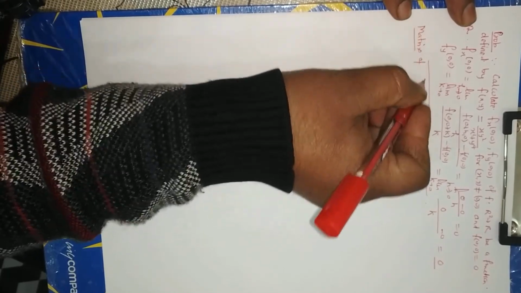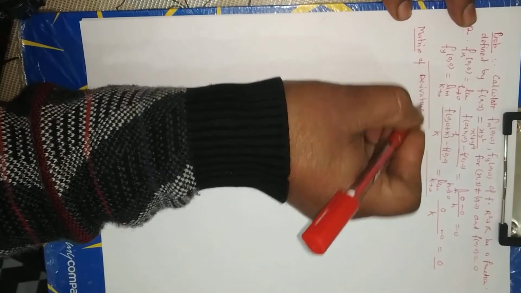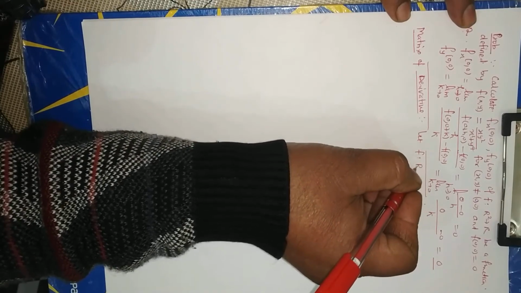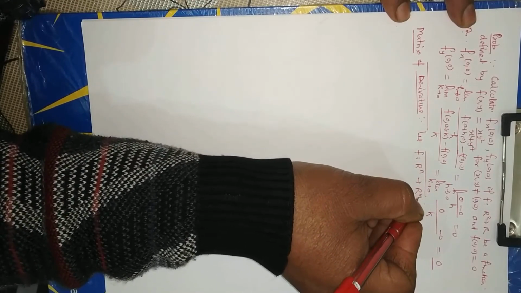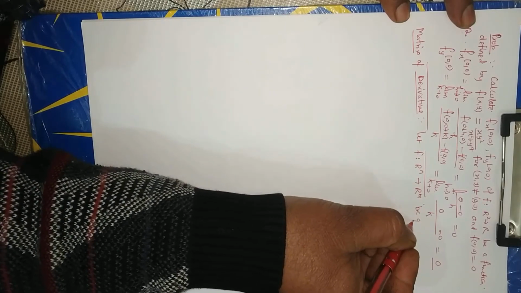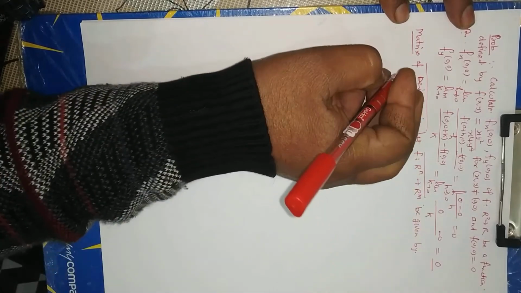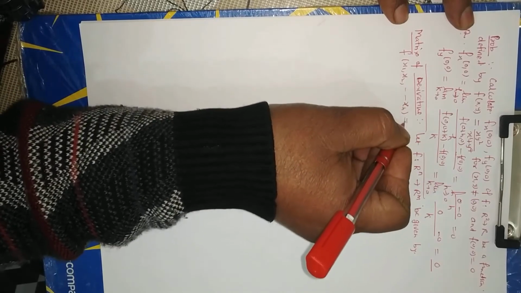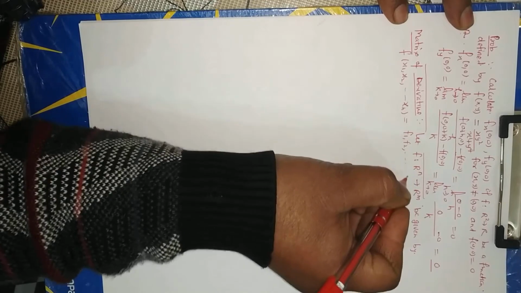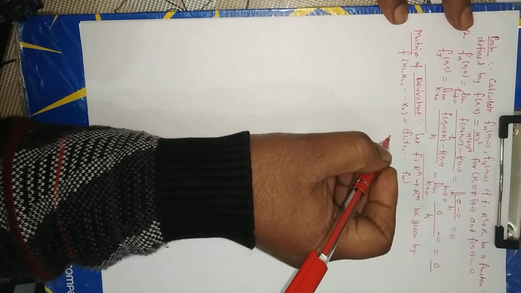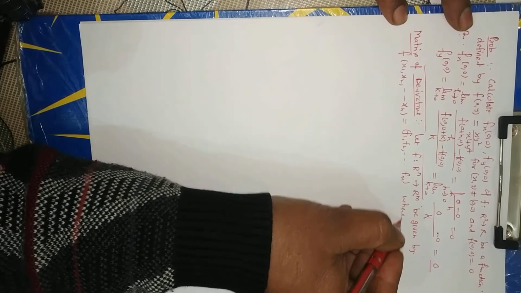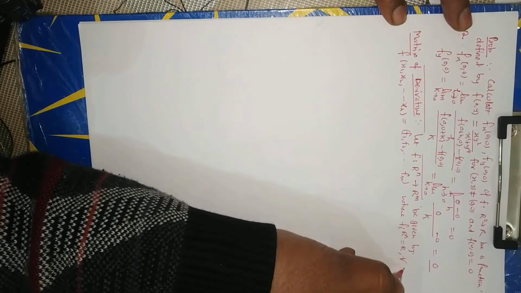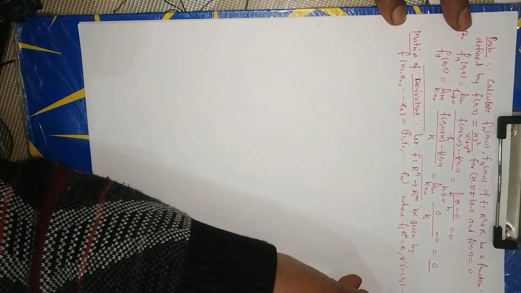Let f from R to the power n to R to the power m be given by f(x1, x2, ..., xn) equal to (f1, f2, ..., fm), where fi from R to the power n to R for every i equal to 1, 2, 3, ..., m.